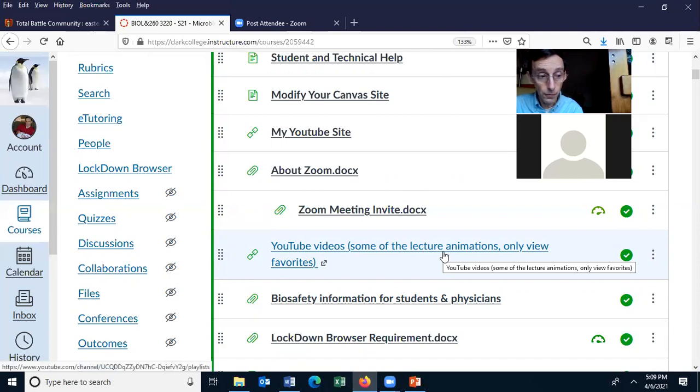If you have an older computer, you probably want to shut down all your other programs while you're taking the quiz, because you have to have the quiz open and the Lockdown Browser open.